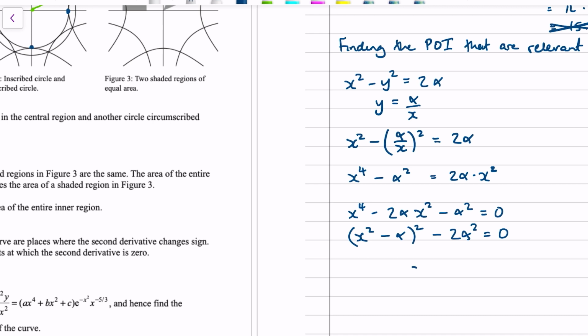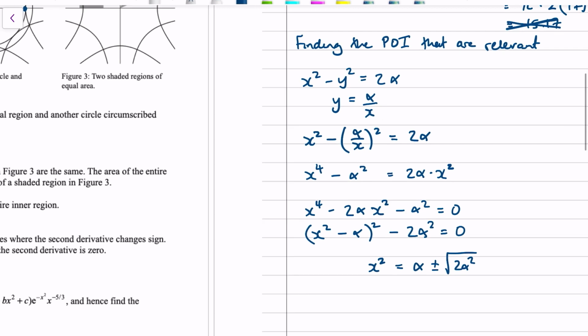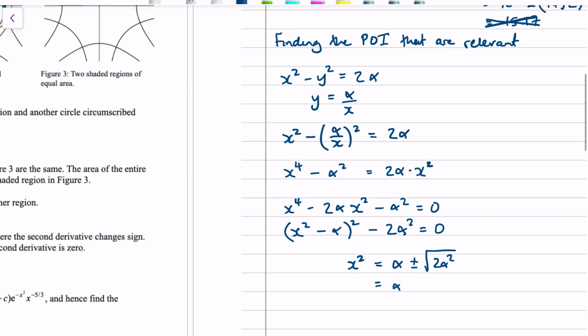Then I rearrange it. Therefore x squared is equal to alpha plus or minus the square root of 2 alpha squared, or alpha plus or minus alpha times root 2, or alpha times 1 plus square root 2.